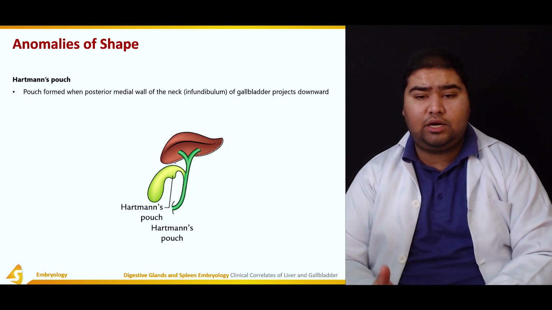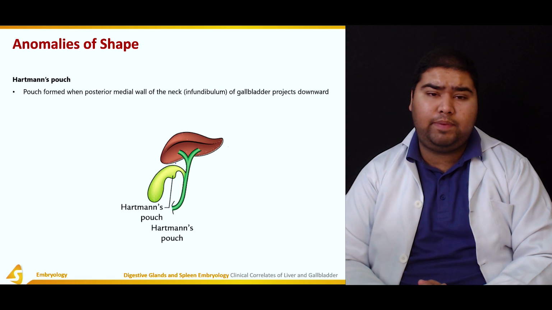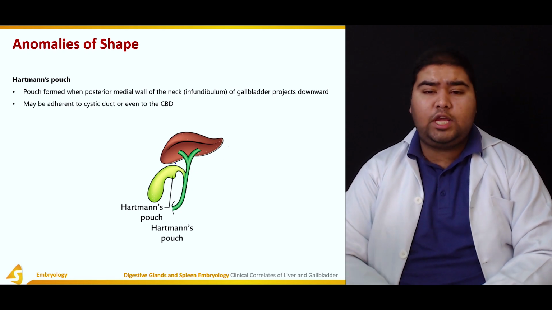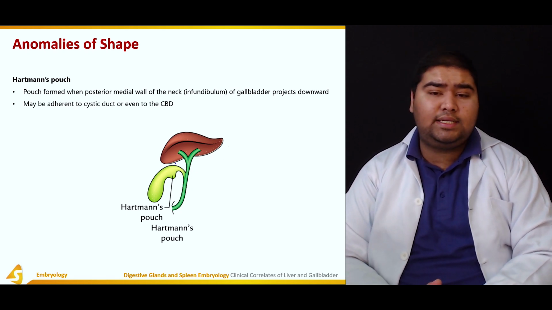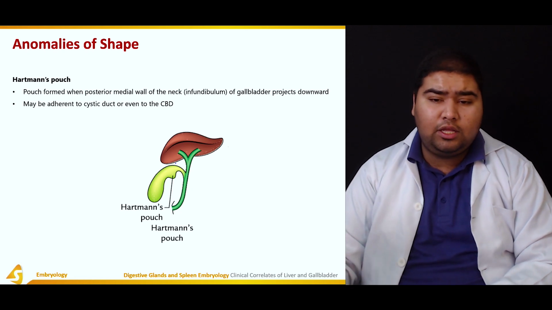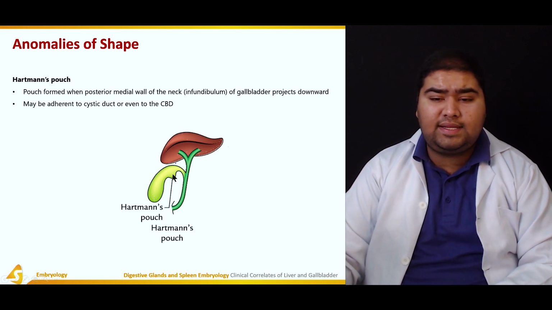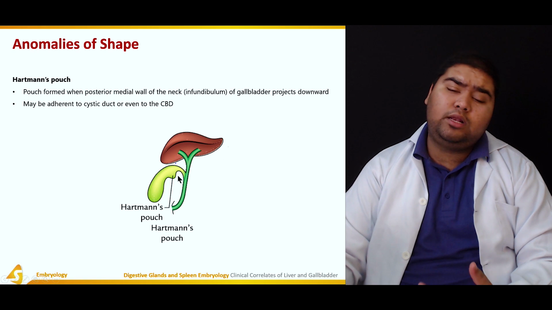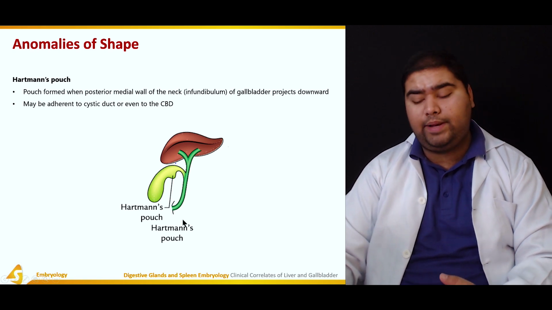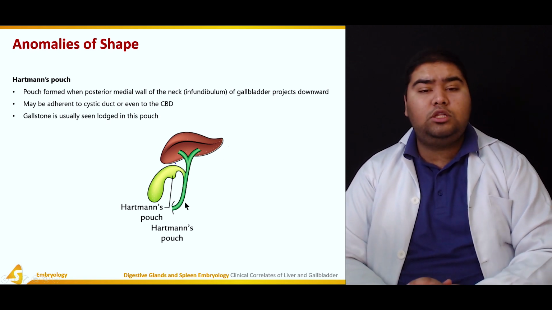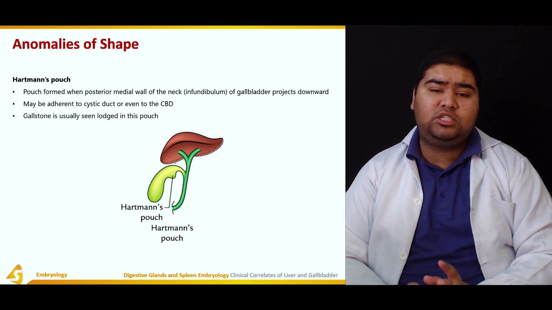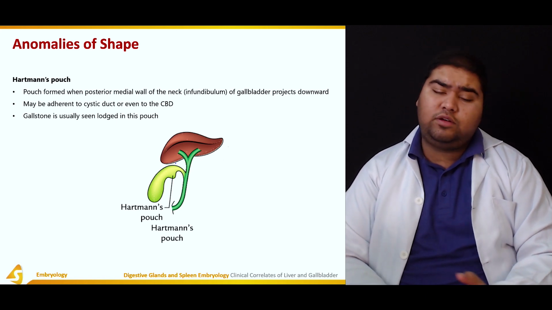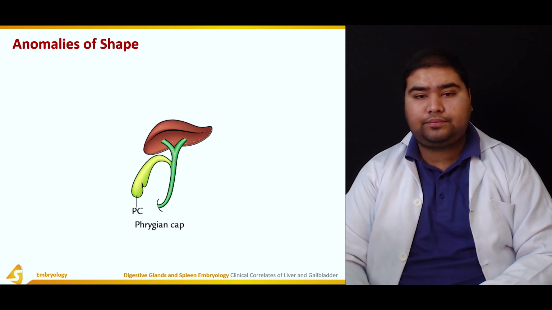It is projecting downward, so it forms a Hartmann pouch. It may be adherent to the cystic duct or even to the common bile duct. It can be adherent to the cystic duct due to close anatomical position and even to the common bile duct. Gallstones are usually lodged in this pouch because of its site.